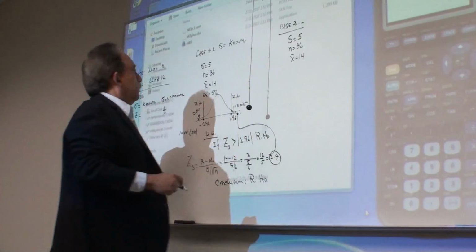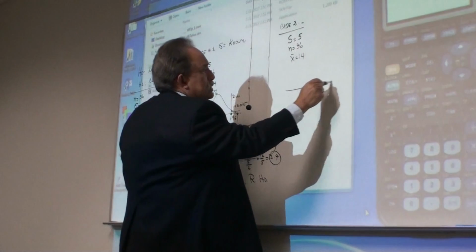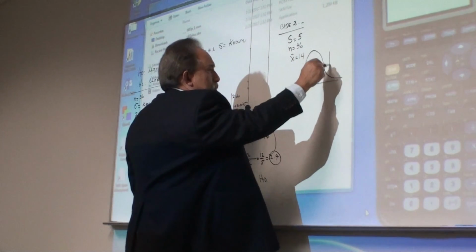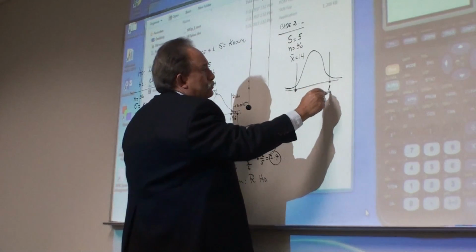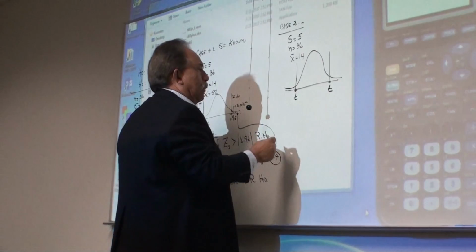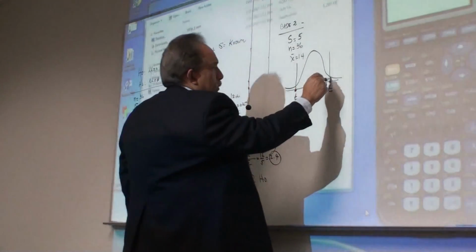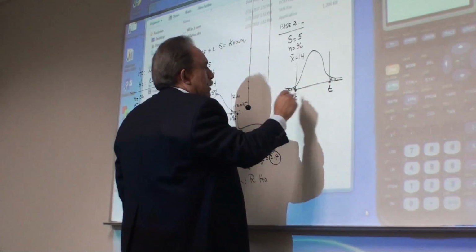But now, instead of using z values, you need to use t values. So the t values are values that we need to compute from the table, and in that case, you need to go to the table.